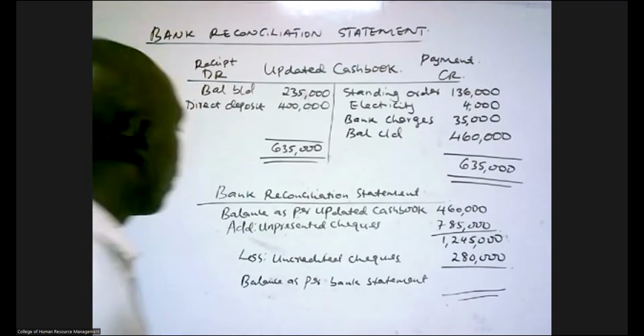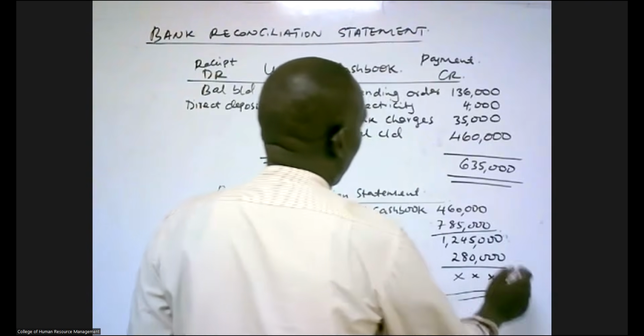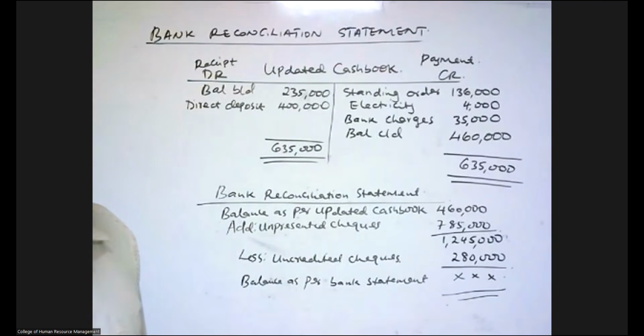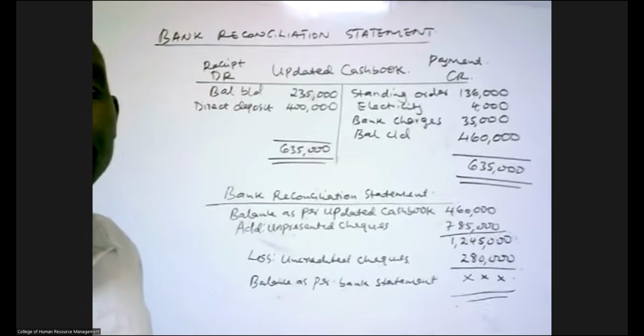You get the figure of the balance as per the bank statement here. You are done. Your reconciliation is complete. So that is how we do our bank reconciliation statement.